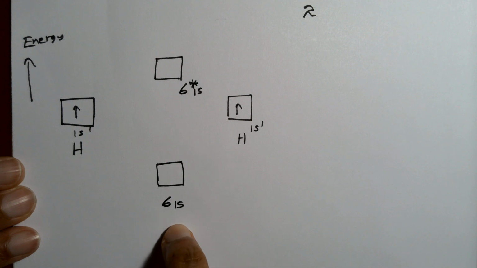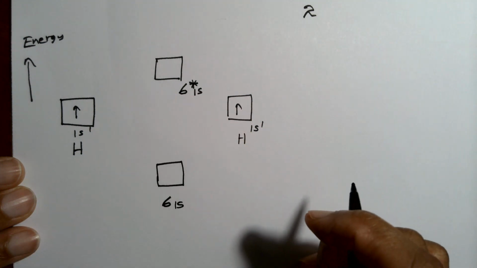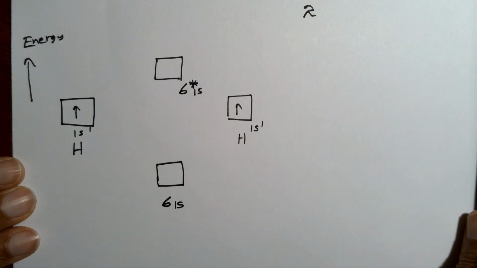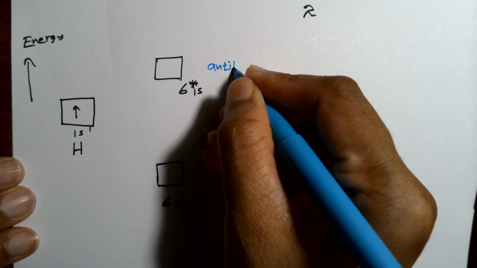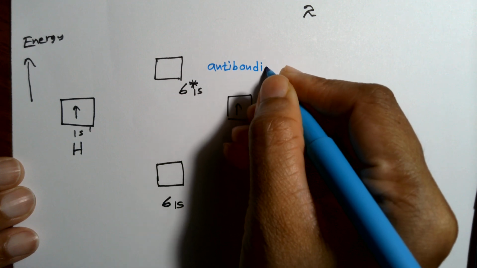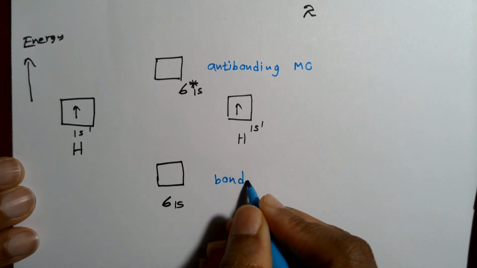So sigma 1s is a bonding molecular orbital, and sigma star 1s is our anti-bonding molecular orbital. I write the two names: anti-bonding molecular orbitals, and this is bonding molecular orbitals.